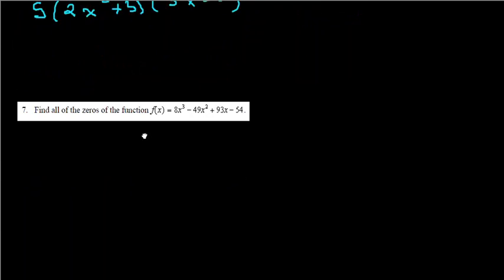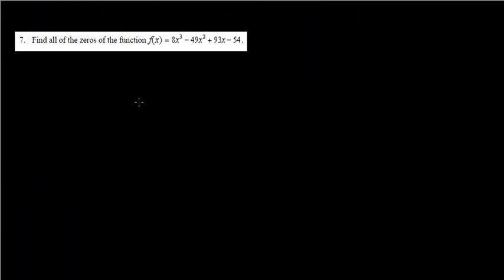Alright, on to number 7. Find all the zeros of the function f of x. I'll give you a couple of seconds. Zeros, or possible roots that could be available for this polynomial.